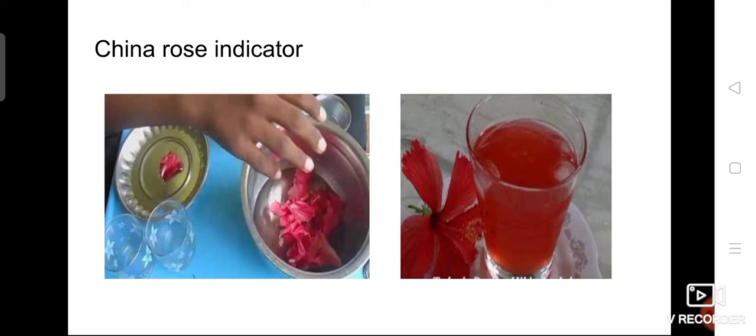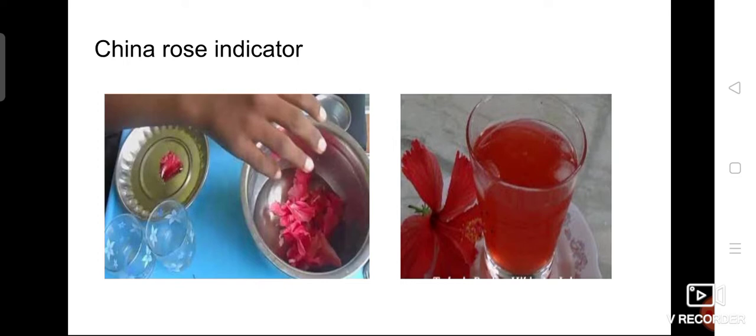Initially the water was colorless, but when you keep it for some time without disturbing, the colorless water gradually changes its color to red.